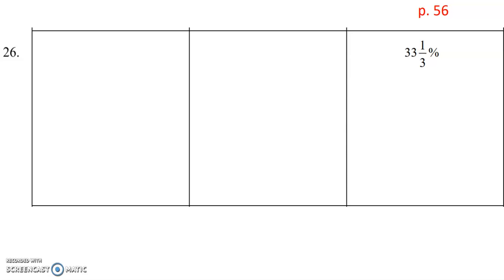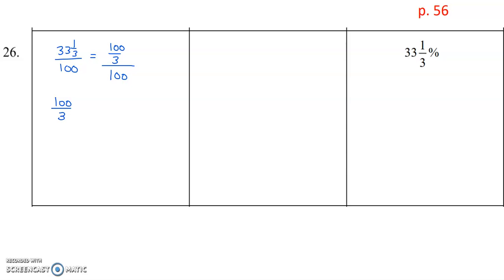For number 26, where you have this percentage, 33 1/3%, I find the easiest thing to do is to change it to a fraction. So we're going to take that number and put it over 100. Remember, anytime you want to change a percent to a fraction, you put it over 100. We've seen this one before, so we're going to have 100 over 3 divided by 100.